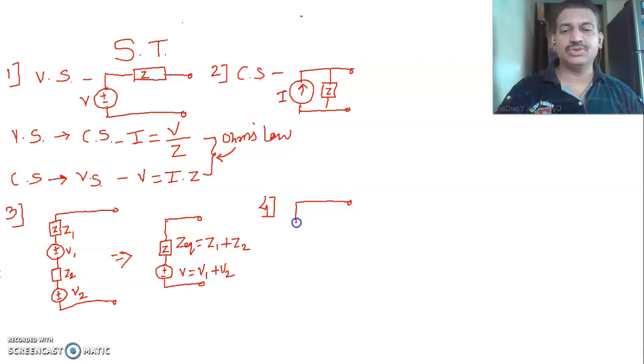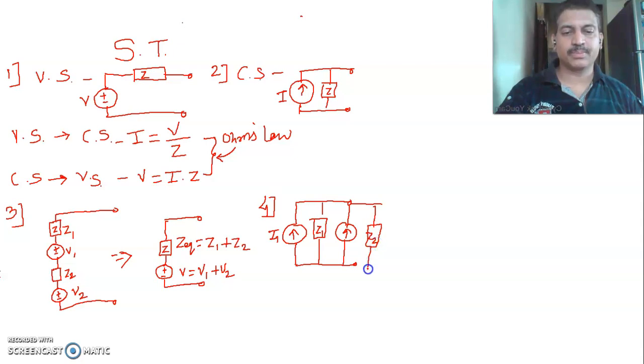Now, in a similar way, take the rule for current sources. We have a current source I1 with internal impedance Z1, then I2 with internal impedance Z2.